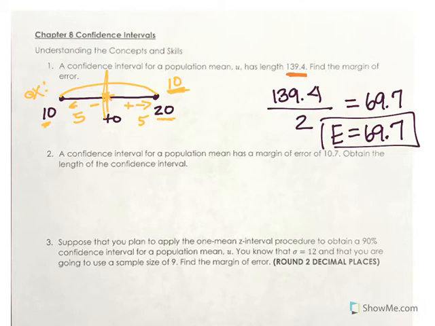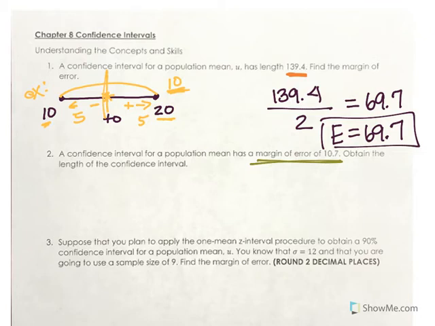Okay. Now the second one says a confidence interval for a population mean has a margin of error of 10.7. Now I want you to obtain the length of the whole confidence interval.